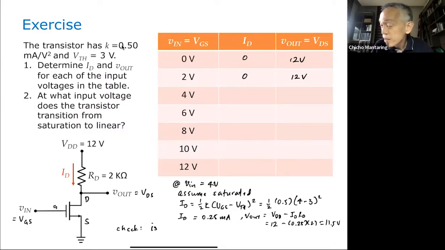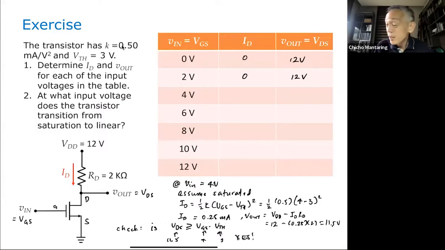Is VDS greater than or equal to VGS minus VTH? In other words, nasa kanan ba, no? Yung VDS, nasa kanan ba ng VDS SAT, no? VGS minus VTH. Ang value ng VDS natin is 11.5. Ang value ng VGS natin is 4. And VTH is 3. So yes.